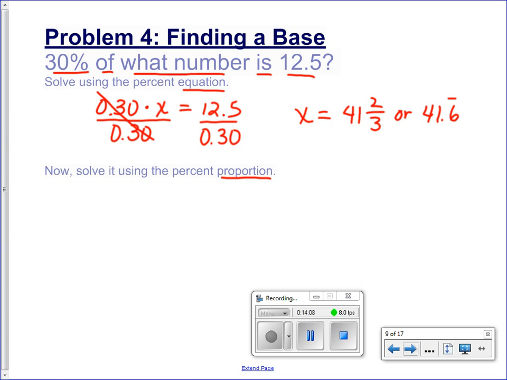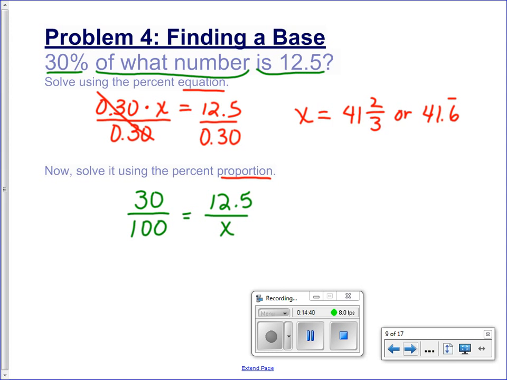Now, let's solve it using a percent proportion. First of all, let me erase this so that we can see what goes where. 30% can be represented as 30 over 100. That's what 30% means. Of what number is our base? Remember, is over of. Of goes on the bottom. Is 12.5 is our part. So here is our problem.